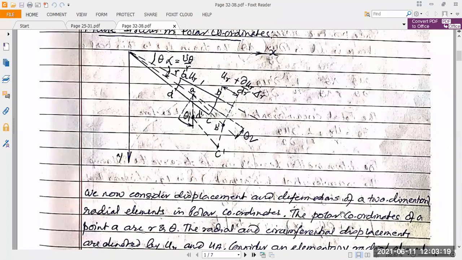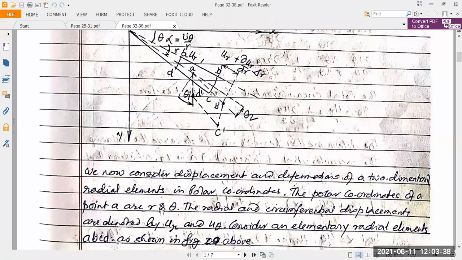So far, we have done this with Cartesian coordinates, and now we are supposed to do the polar coordinates. The polar coordinates of a point A are r and theta. We already plotted x and y here.